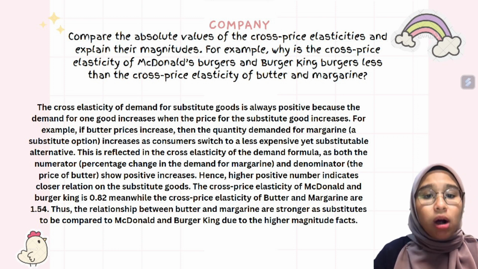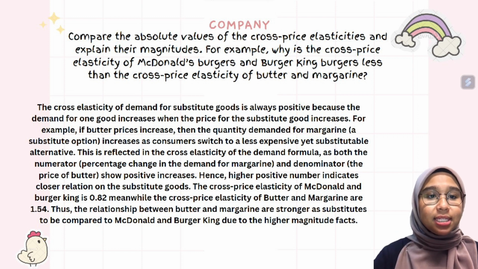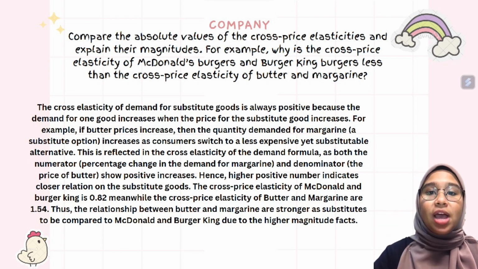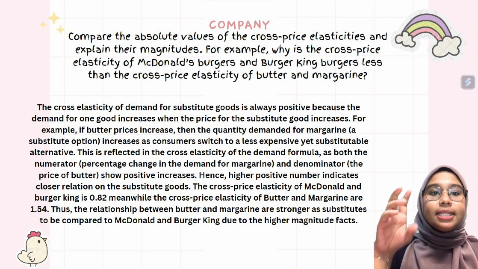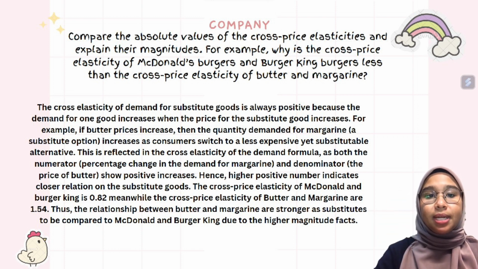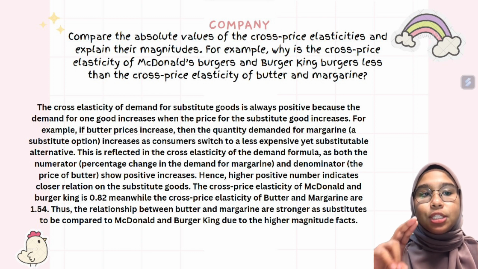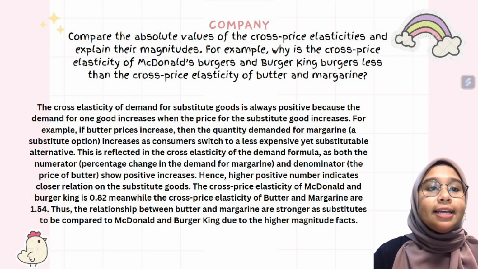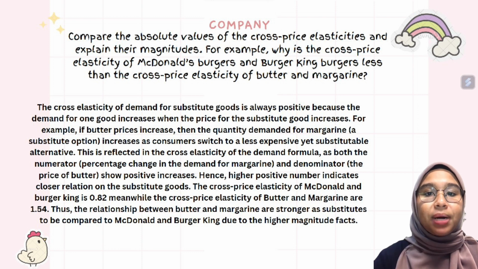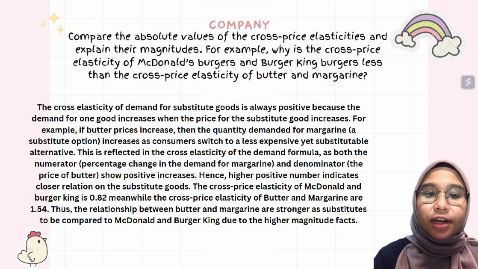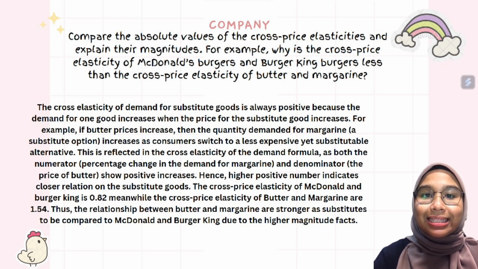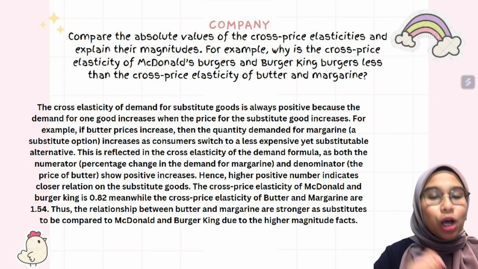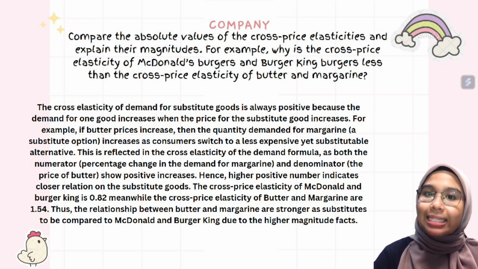Okay, so when we are talking about cross-price elasticity, we need to know that the higher the value, the stronger the relationship, because these are substitute goods, as both values are positive. So, for example, if the butter price increases, the quantity demanded for margarine increases, because they are positively related.